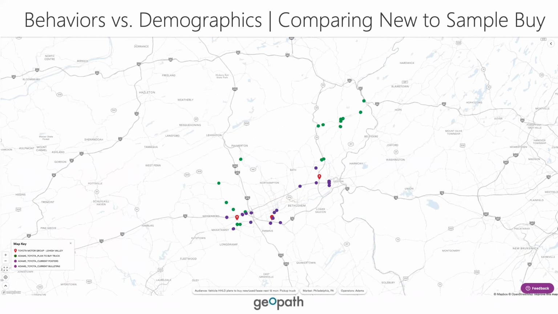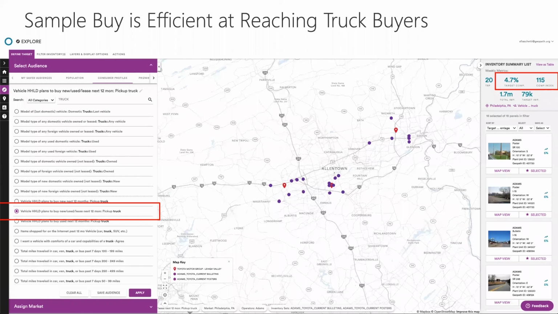Right. And you mentioned efficiency too, so we took another couple of steps with that. We're looking at different audiences. This is the current sample buy, and as Tony said, it's efficient.